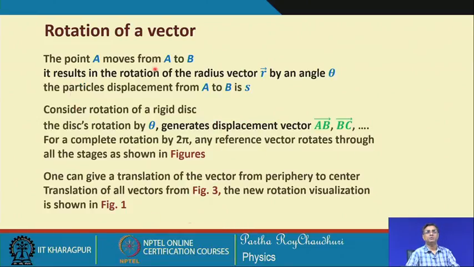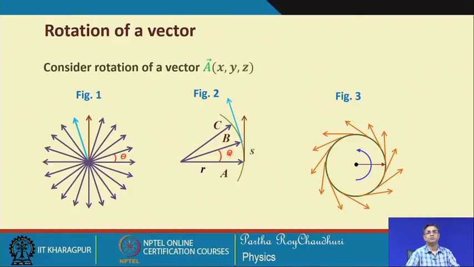A point A moves from A to B, which is nothing but this vector undergoing a change in its position from here to here. A vector moves from A to B, and from B to C, which is nothing but this vector going to this position, and then in turn going to this position. So, now we can look at the change in the position of these two vectors.